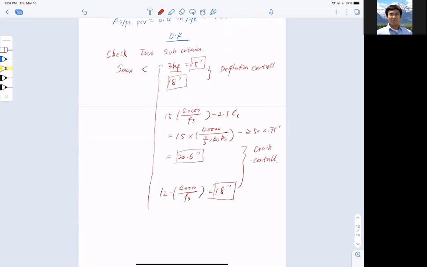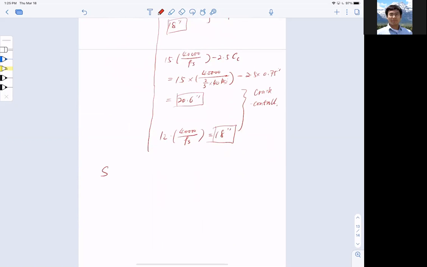So what is the max? 15 is the smallest number, so this governs. And I need to check what is provided from our previous calculations, 6 inch. That is much smaller than the maximum spacing requirement of 15 inch. So we're okay.